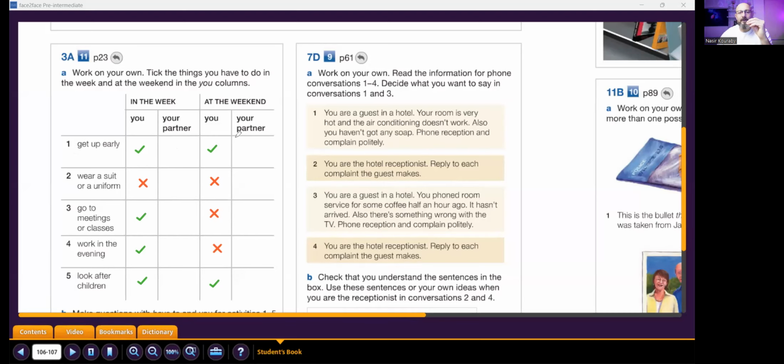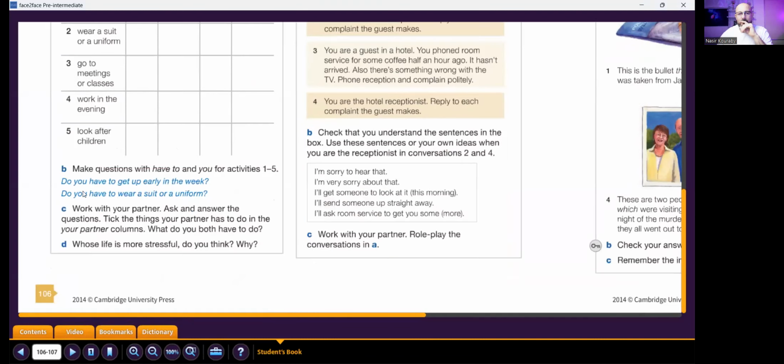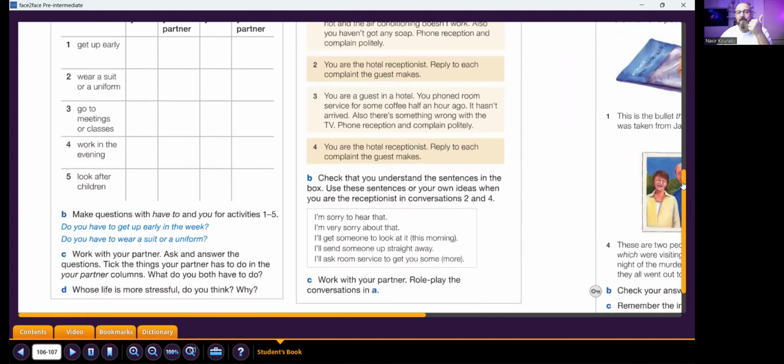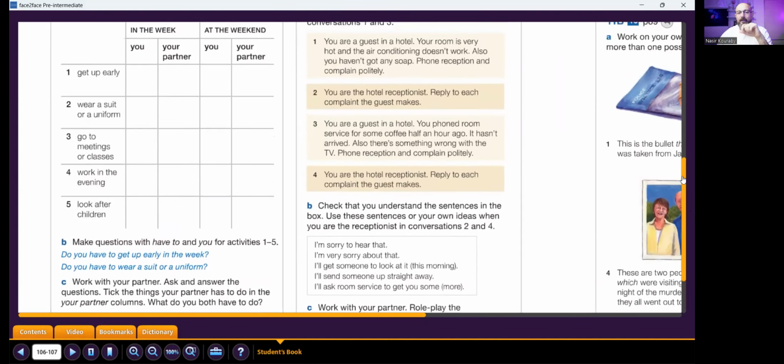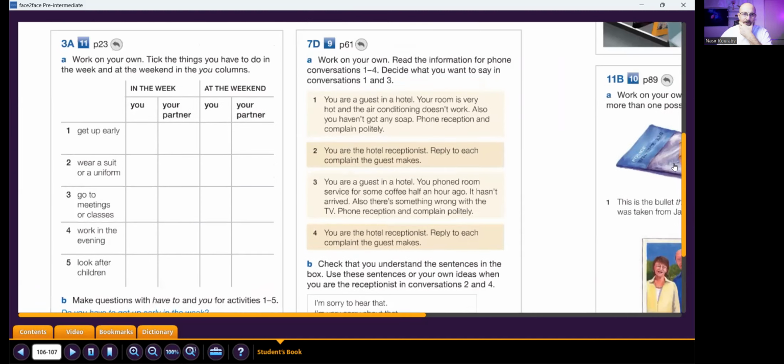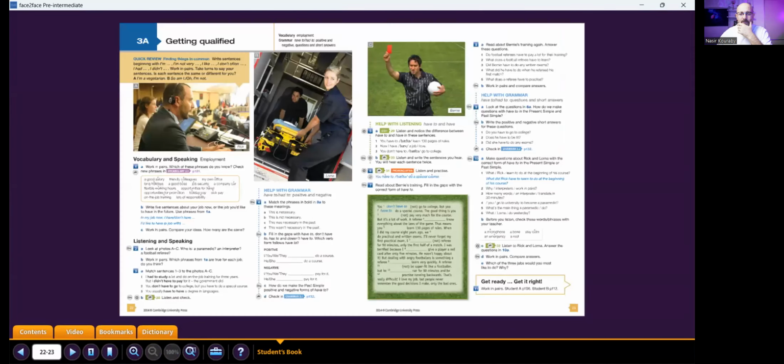Do you have to wake up early at the weekend? And here we have some examples down. You say, do you have to get up early in the week? Do you have to wear a suit or a uniform? So number 1, you write the sentences about yourself, and write it down in the comment. After that, you write questions and I will check them for you. So this will be your homework, okay? And if you have any other question, please write it down in the comments.